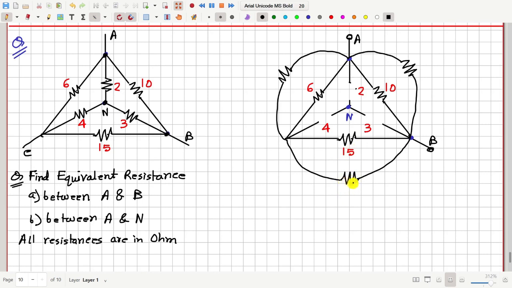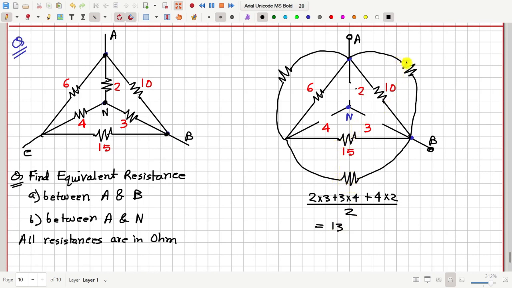This will be 2 into 3 plus 3 into 4 plus 4 into 2, whole divided by the resistor which was there opposite to this one. That is 2, and this is equal to 13. That is this resistance.